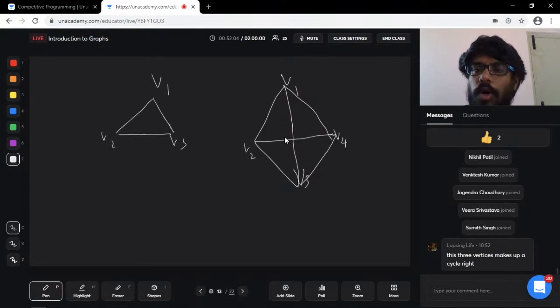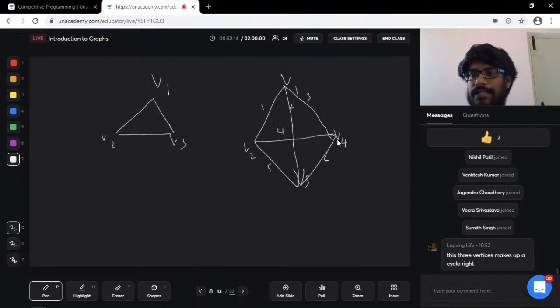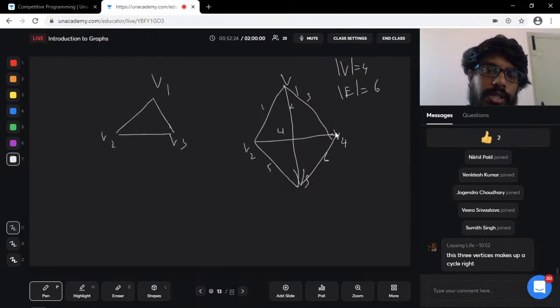So now what I've gotten is 4 vertices and 6 edges. Is there any other edge you can add in this undirected graph? No, right? All possible edges we've added here.